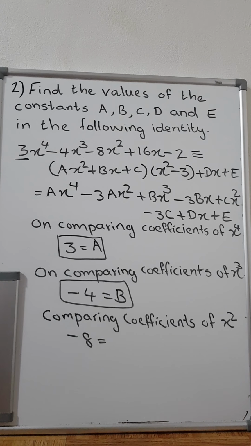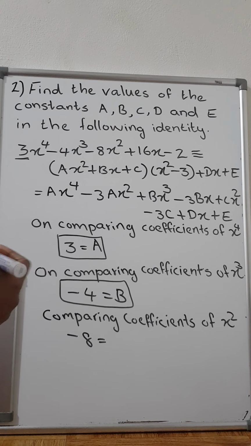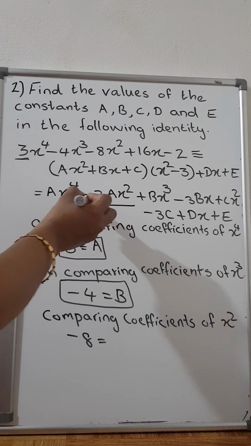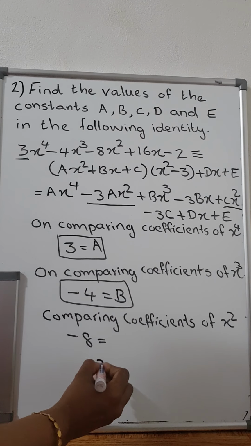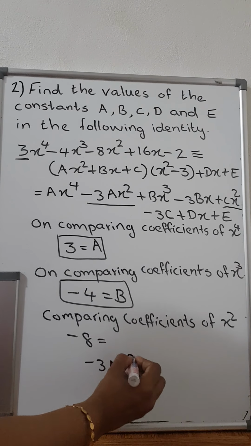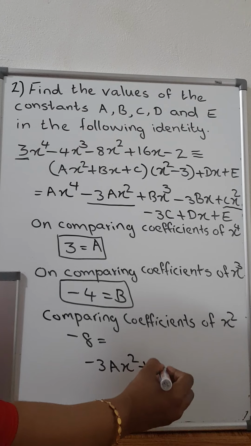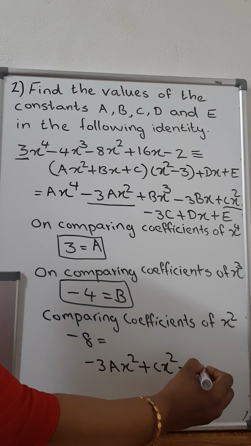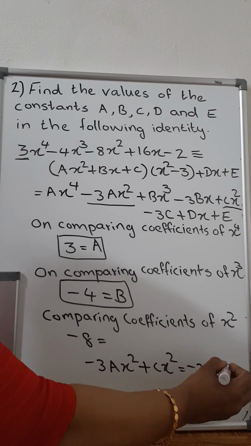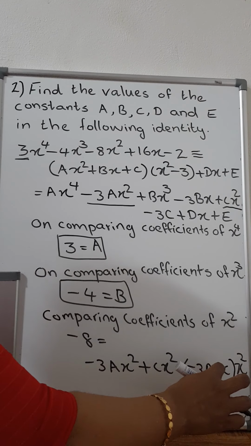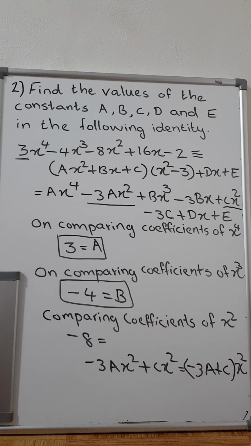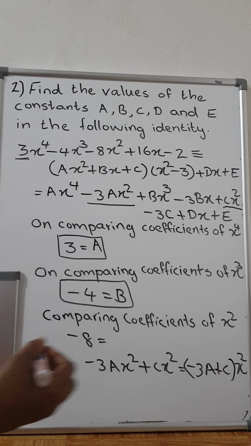On the right hand side, what is the coefficient of x square? We have two terms with x square. We have a minus 3a x square and a c x square. So minus 3a x square plus c x square, that is minus 3a plus c times x square. So the coefficient of x square on the right hand side is minus 3a plus c.